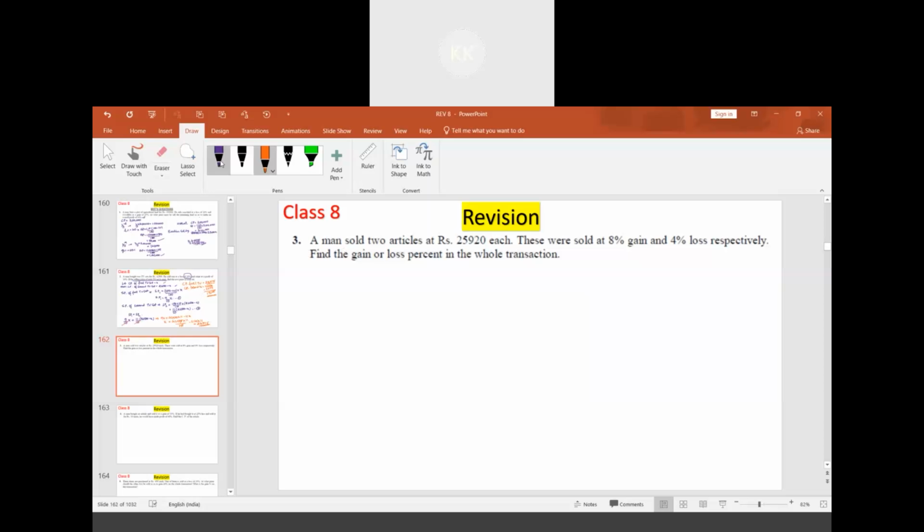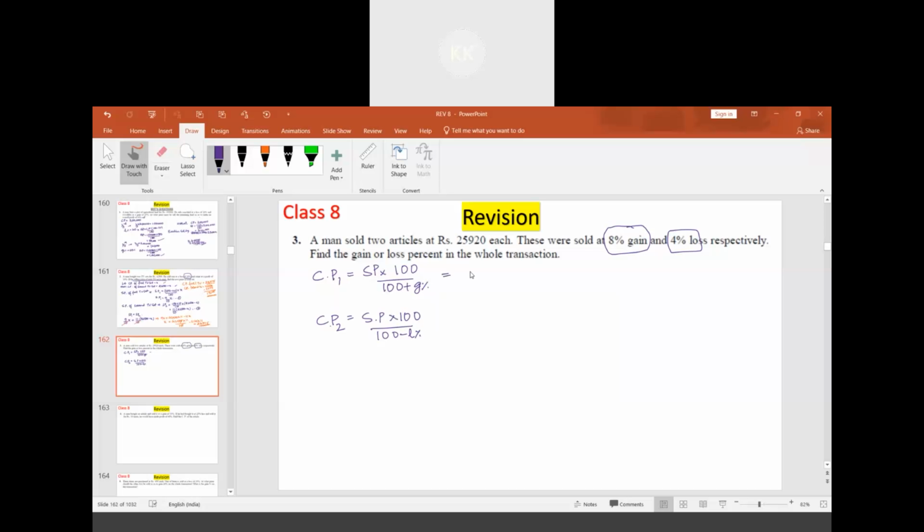Suppose I consider the cost price of the first article as CP1 and the cost price of the second article as CP2. I can find it using the formula: CP1 is SP into 100 divided by (100 plus gain percent), and CP2 is SP into 100 divided by (100 minus loss percent), because they have given 8% gain in the first and 4% loss in the next.